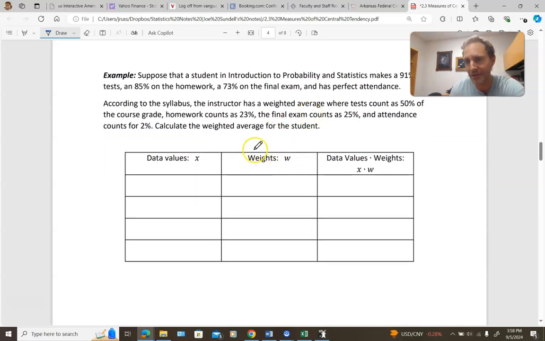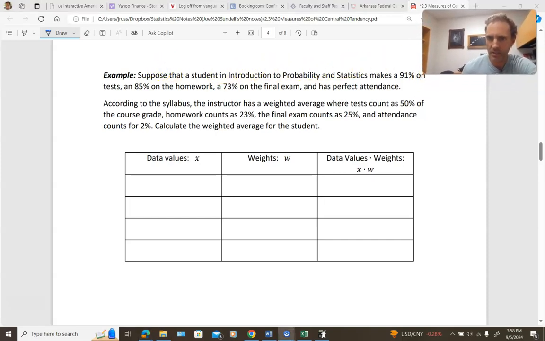And I'm going to show you how you can do this in Excel as well. There's different ways to do it in Excel. It says, suppose that a student in Introduction to Probability and Statistics makes a 91% on tests. So that would be the student's average test score. And 85% on homework, a 73% on the final, and has perfect attendance.